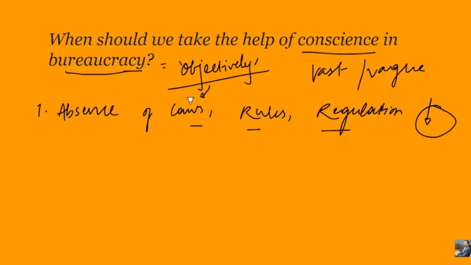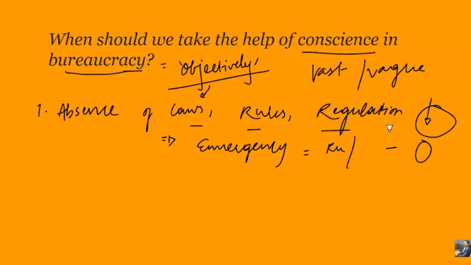Let's say, for example, during the time of disaster, when there is an emergency and you find no rules, no laws about that. Let's say there are a few people who are drowning in an inundated river, and there is no rule or procedure on how to save them.